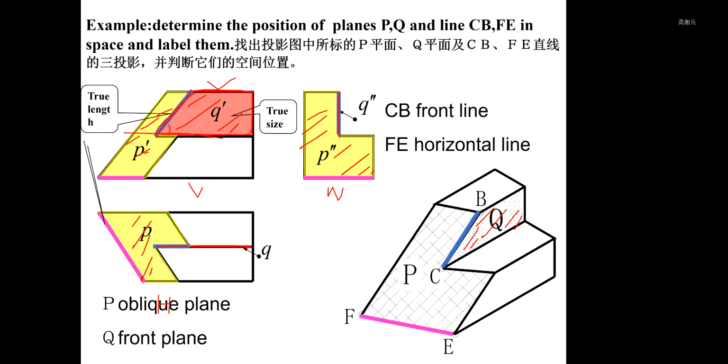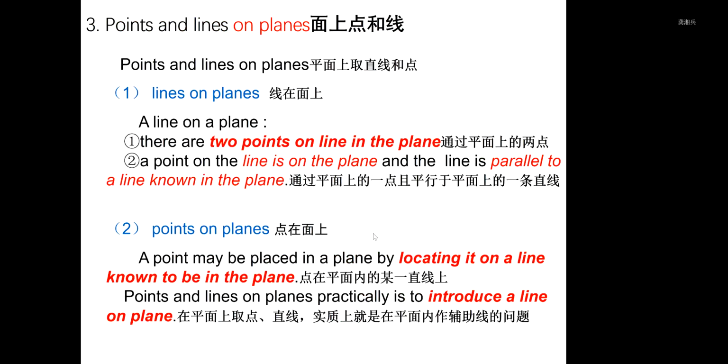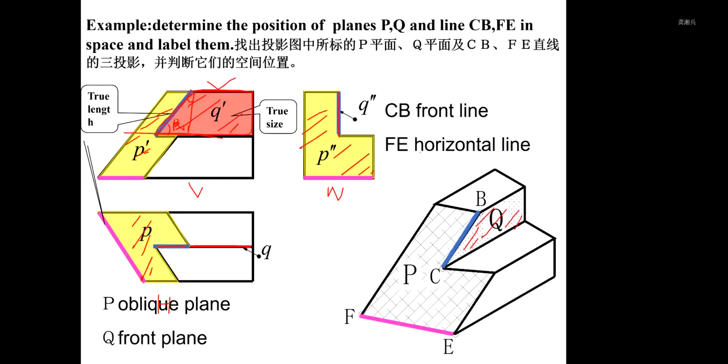This one is beta, this one is alpha, and this one is gamma. Another one is EF. EF is here, because EF is parallel to H. So EF is in an H plane. So you can get the angle there. This is beta. This is gamma.